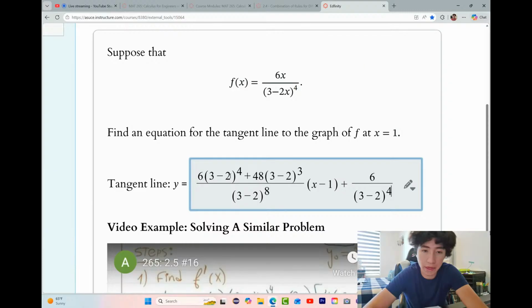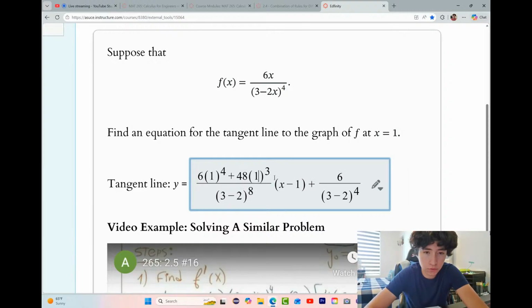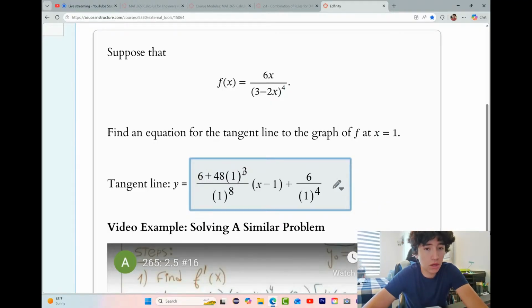Oh, we just did that. So just do algebra. 1 to the power of 4 is 1. So 6 times 1 is 6. 1 to the power of 3 is 1.